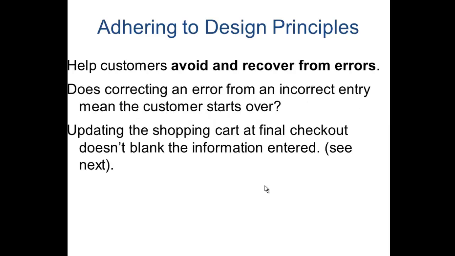Help customers avoid and recover from error. Just as I was talking about a while ago, correcting an error on a form: the customer identifies that they have made an error, and does going back to a previous page mean that they have to start all over completing this form process?